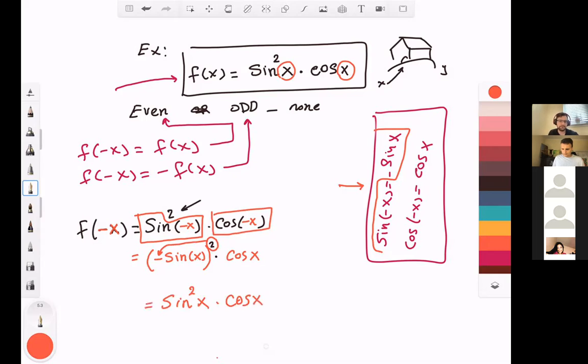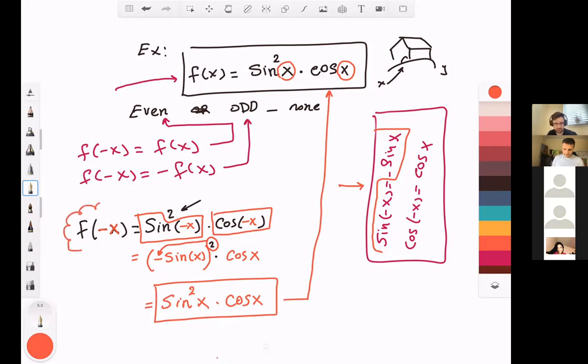So what did we get? This one is exactly the same as the original function. That means f of negative x equals f of x, therefore it is even.